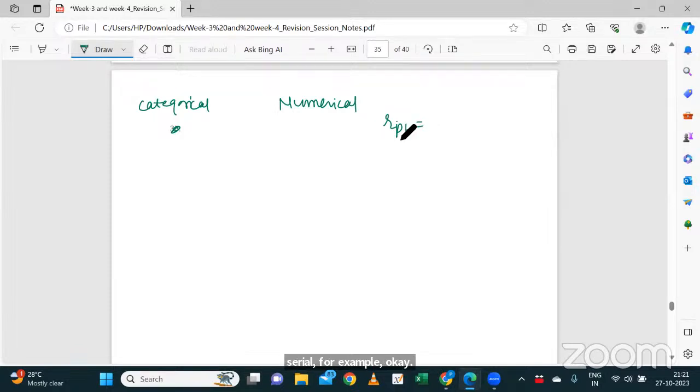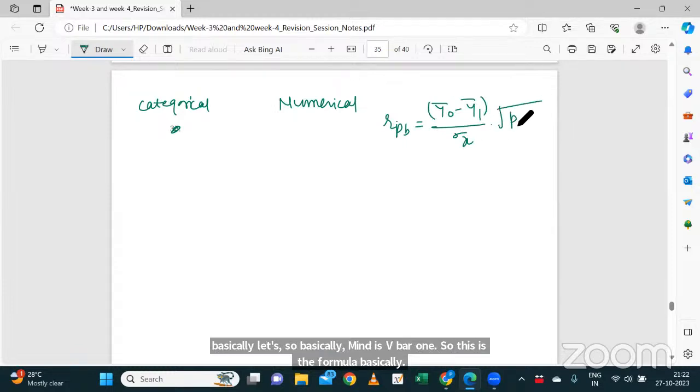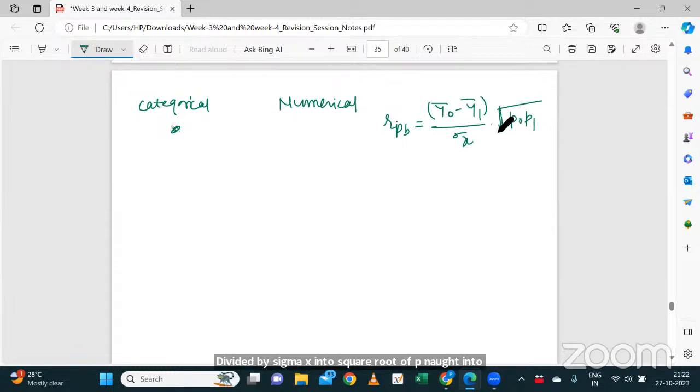Basically, the formula is (y bar 0 minus y bar 1) divided by sigma x into the square root of p0 into p1. Keep in mind this sigma x is nothing but the population standard deviation.